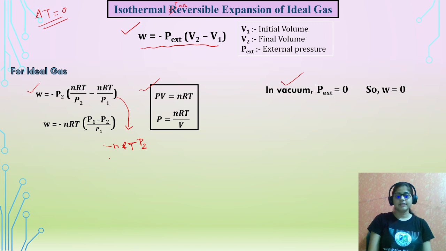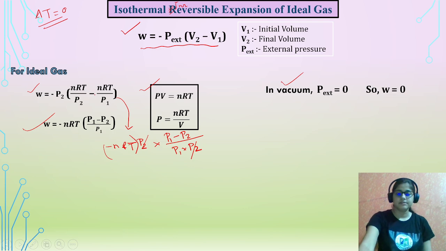And the minus sign is also there, and P2 into, there will be now P1 into P2, P1 minus P2. This will be the case. Simple. So now subtraction only. Now P2 will be cut down, and this will be the answer.